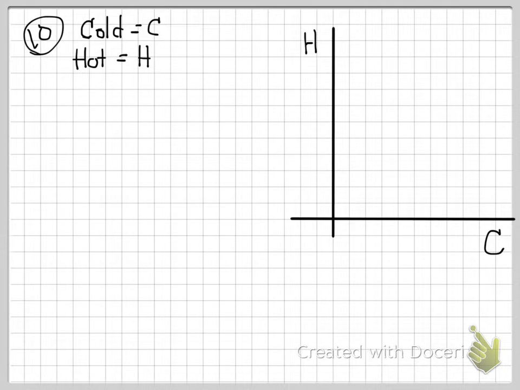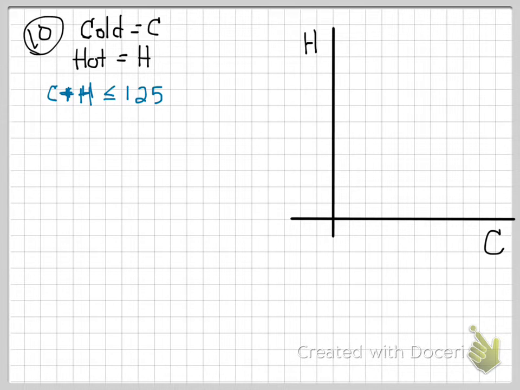Number 10. Let's see, we got hot sandwiches and cold sandwiches. And they've never sold more than 125. So if I do cold plus hot, that's going to be less than or equal to 125. Okay? Now some days they run out of one, and other days they have leftovers which can't be sold.